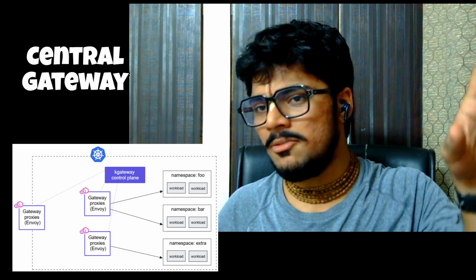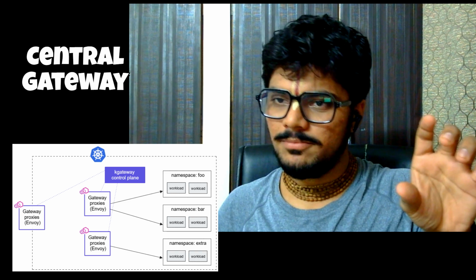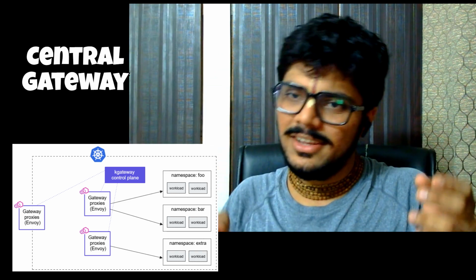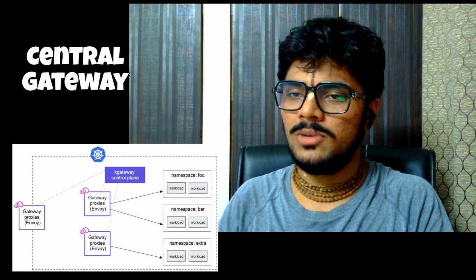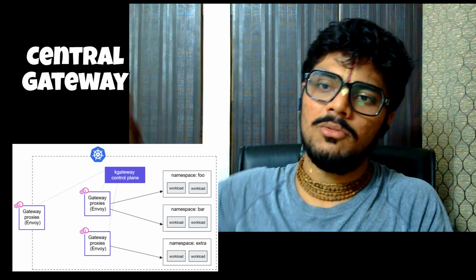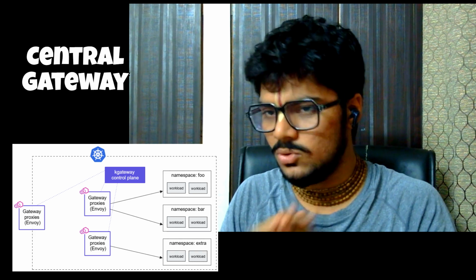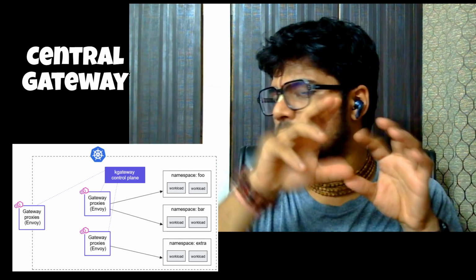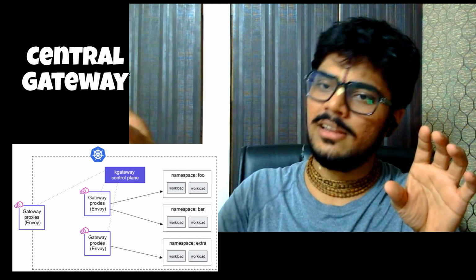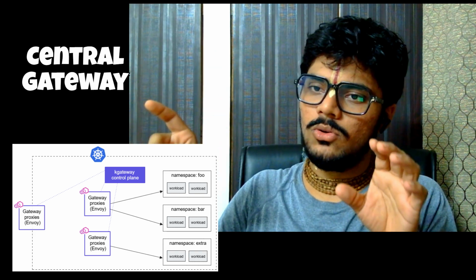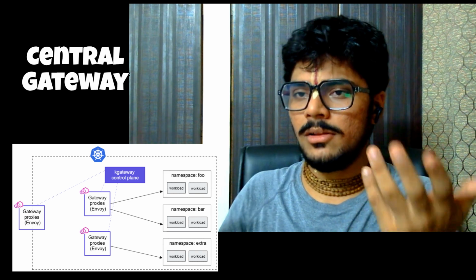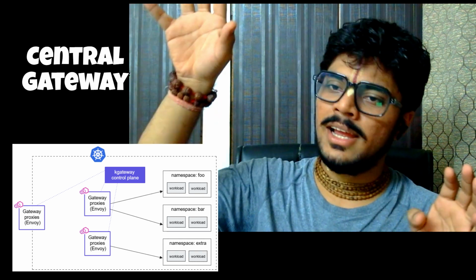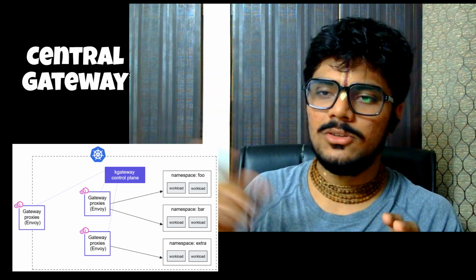Let's say we have one gateway API, the central one, and it is working with three different gateway APIs, which will be handling different numbers of services in your workload. So we might have the first one, second one, and third one. It will be handling this much traffic, and this one will be handling this traffic according to the routing policies, whether it is an HTTP request, TCP, or gRPC.